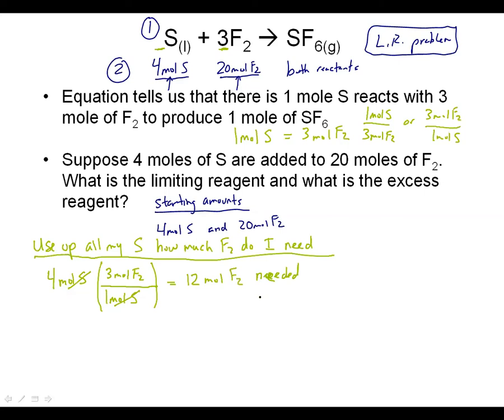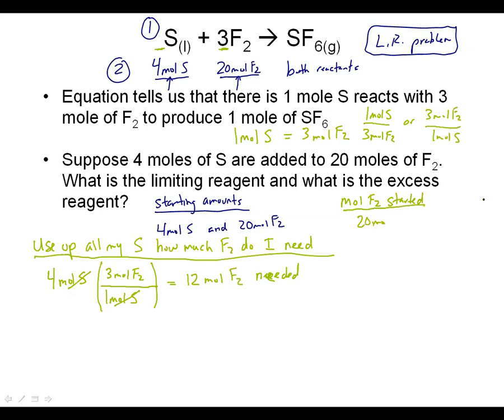Now, this is the part where you're going to do a comparison, and you're going to compare how many moles of F2 you started with, which was given to us in the problem here, which was 20 moles.